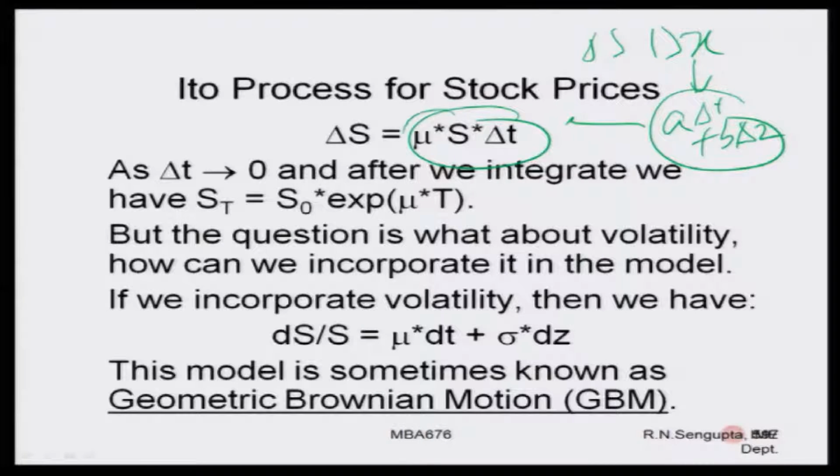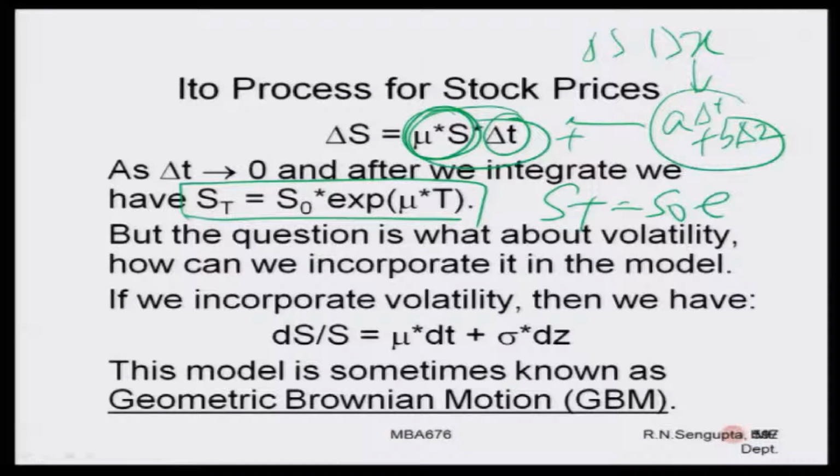This is A and this is delta t, and the second term is not being considered for the time being. As delta t goes to 0, and after integrating, we can easily prove this is true, which is exactly what we have done in a few slides before and have been discussing time and again, which means the spot price S t is equal to S 0 into e to the power R t.